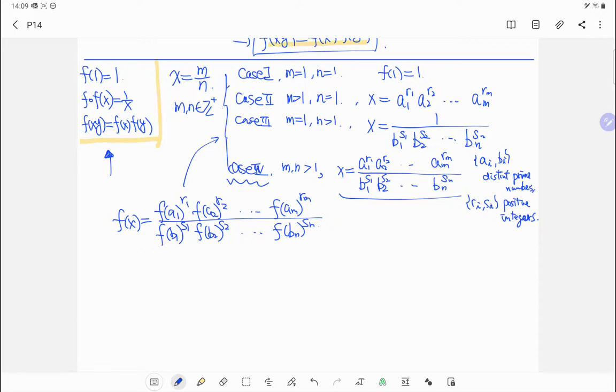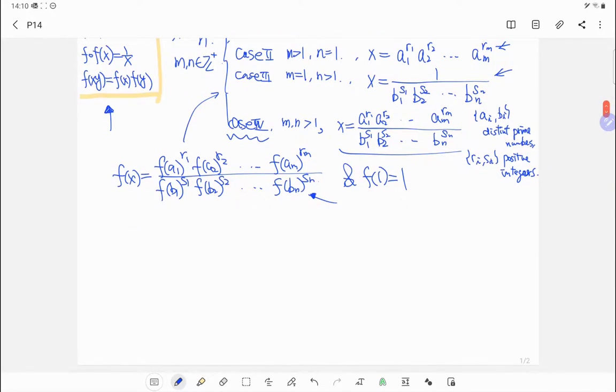And the remaining stuff is to find this function for the prime values. And of course, f of 1 is 1. So we need to spend some effort to work on these 3 cases like that.